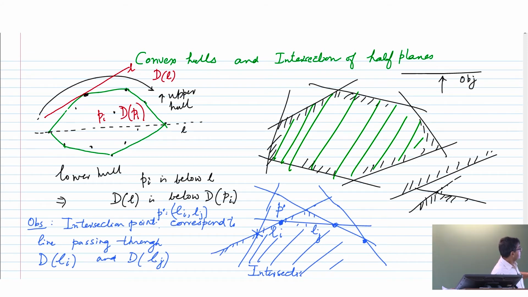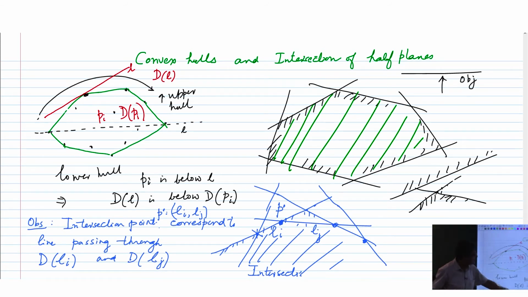That is, this is a line that passes through 2 points. So, if you look at the intersection point P prime, that must correspond to a line passing through the dual of those two lines because of the incidence property. So, what is emerging is that these corner points correspond to exactly these intersection points that define that chain.